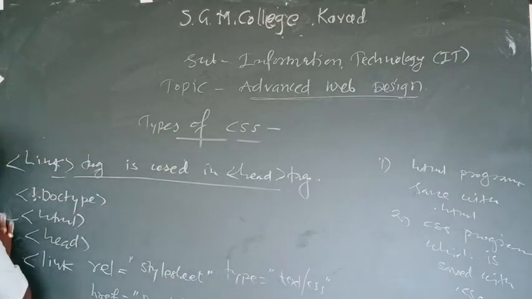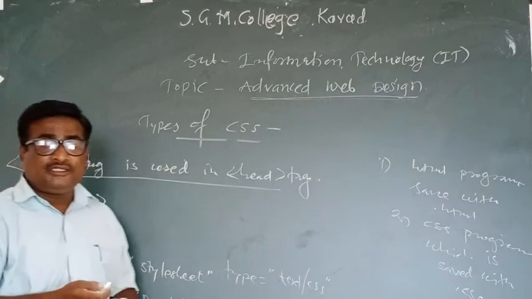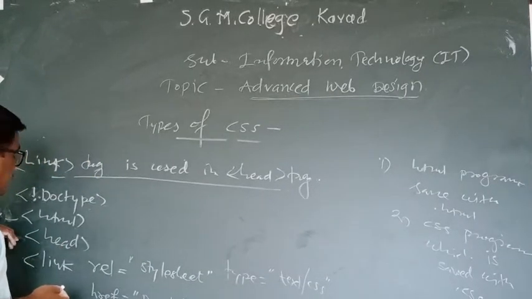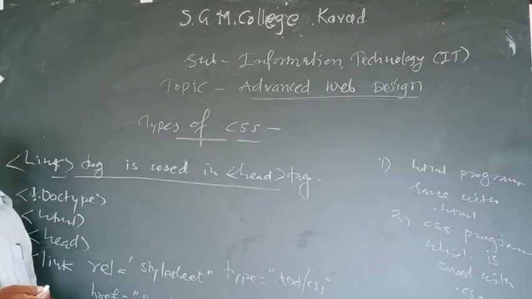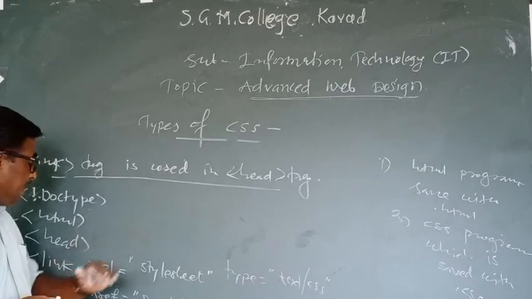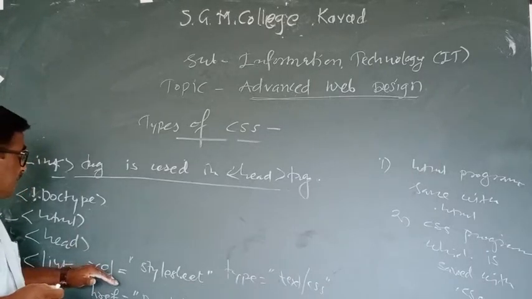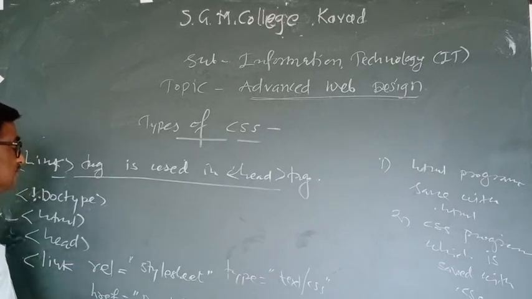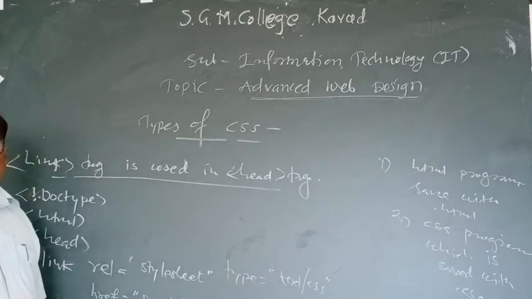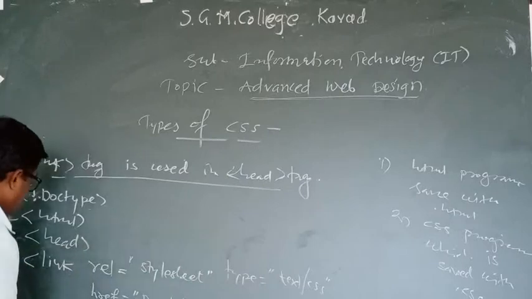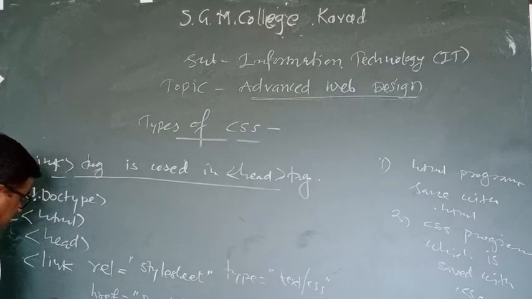Here in external CSS, in the HTML program, the link tag is used in the head tag. The link tag has three attributes: rel, type, and href. Rel stands for relation, type may be text or CSS, and href is the path of the CSS file.